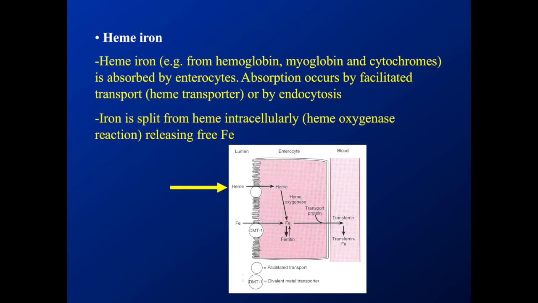So the heme iron is absorbed by enterocytes, and absorption occurs by a facilitated transport molecule called a heme transporter, or it's endocytosed, and once it gets absorbed into the enterocyte, it's split from the heme via a heme oxygenase reaction, and this releases free iron that is then transported via a transport protein into the blood, where it binds to transferrin and is carried around the body in that form.